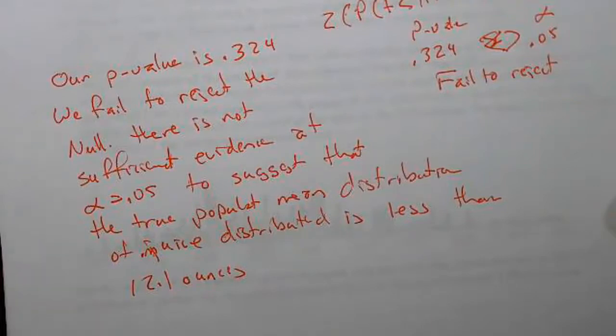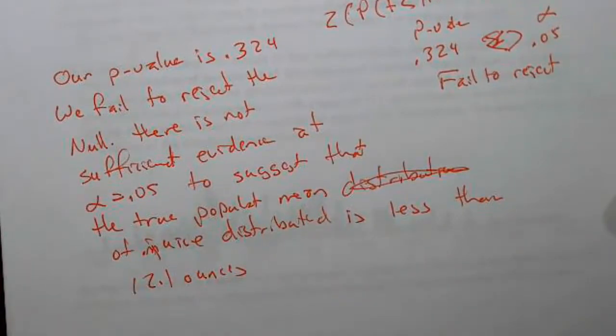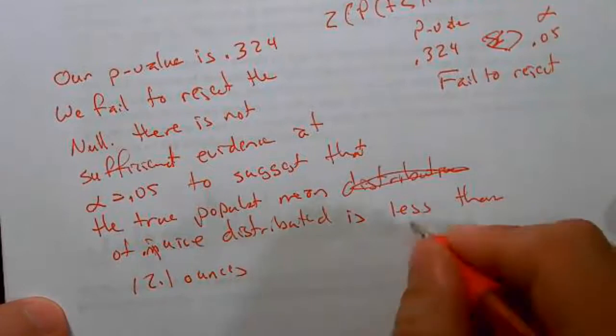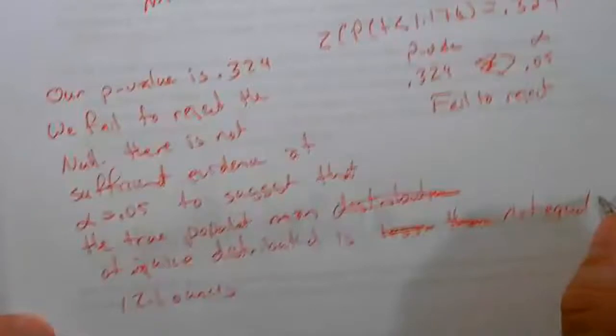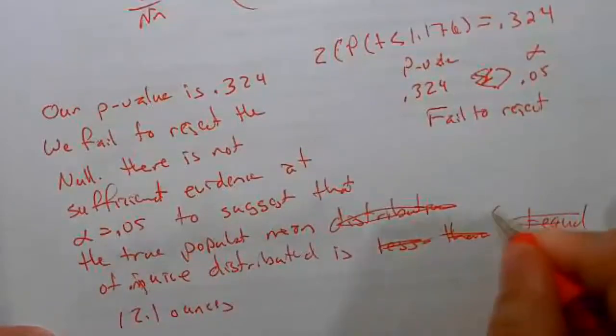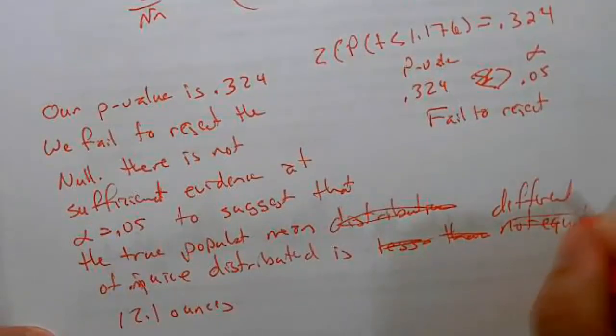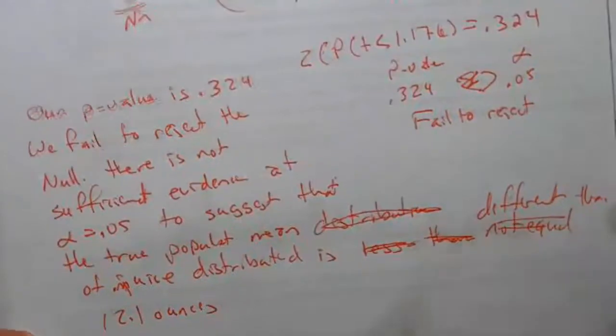That word should not be there. Okay? Isn't it not equal to 12 point? Yes, it is not equal, or I'm going to use my favorite word for this, different, than, but you could have definitely said not equal to.